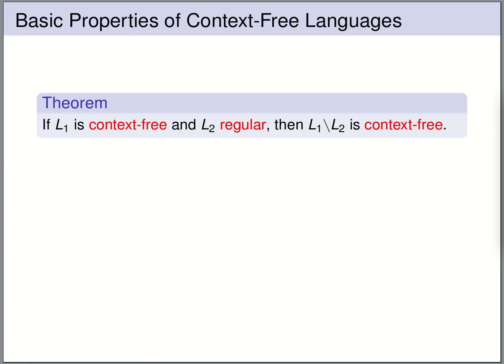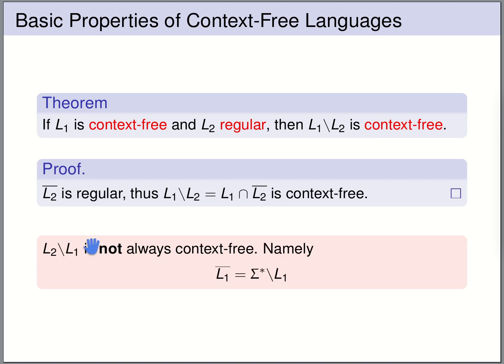The difference of a context-free language minus a regular language is again context-free. So if L1 is a context-free language and L2 is a regular language, then L1 minus L2 is again context-free. And here the order is very important, because L2 minus L1 is not always context-free. We already know that the complement does not preserve context-freeness.